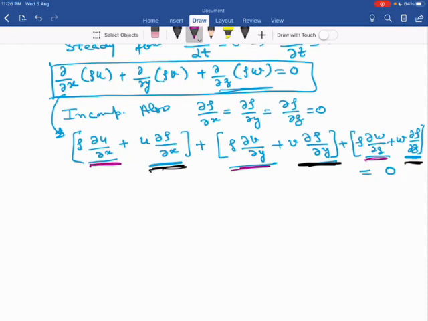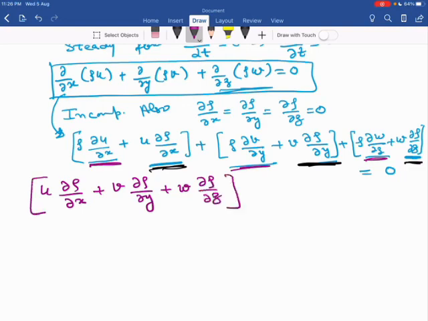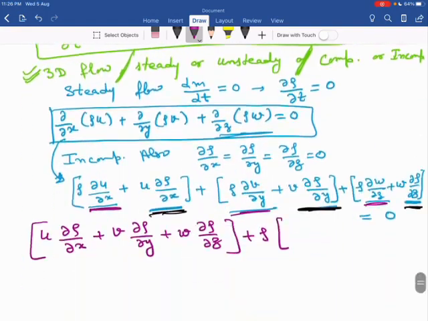So now I can write the velocity terms first: u ∂ρ/∂x plus v ∂ρ/∂y plus w ∂ρ/∂z, plus ρ outside, within bracket you have ∂u/∂x plus ∂v/∂y plus ∂w/∂z, equal to 0.